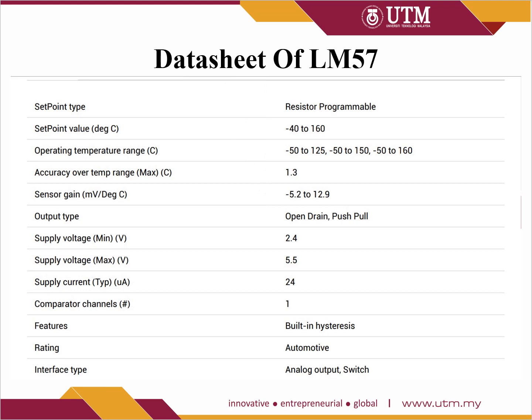For the temperature sensor we select the LM57 on this data sheet. The range is from -40 to 160, the voltage is 5.5, and the accuracy is 1.3.